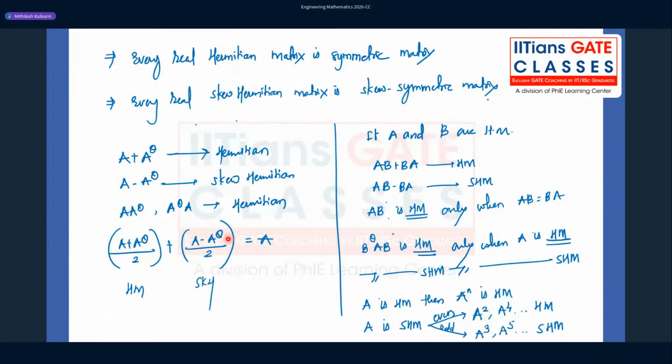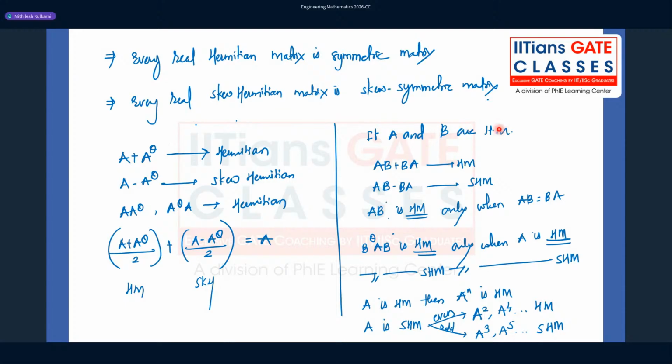All those properties are also valid for Hermitian and skew Hermitian. So you can say A plus A theta is Hermitian, A minus A theta is skew Hermitian, A into A theta or A theta into A is Hermitian. Every square matrix can be written as the sum of Hermitian and skew Hermitian matrices.